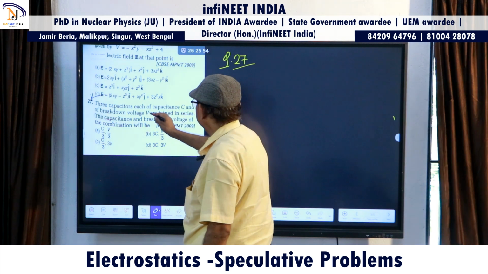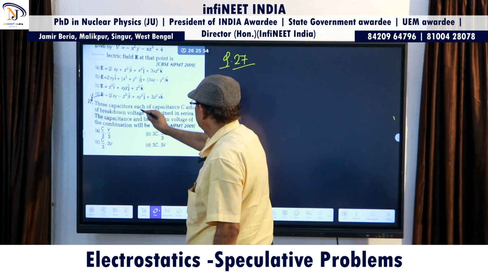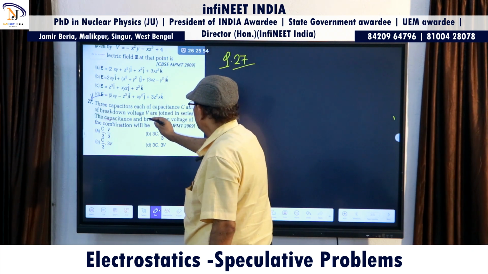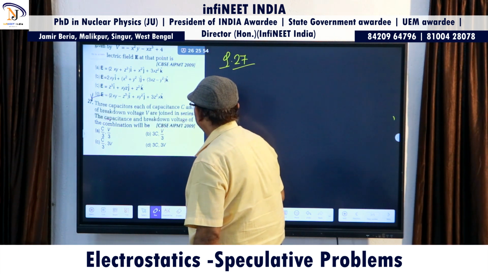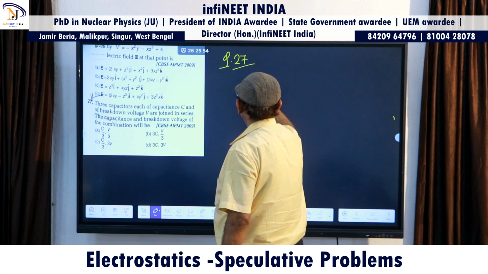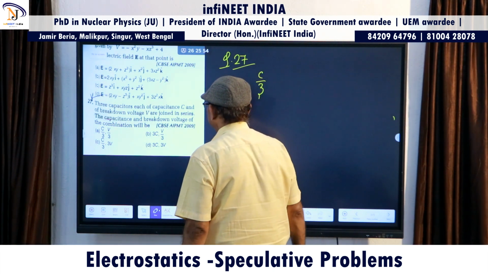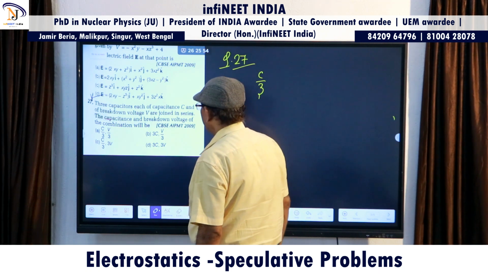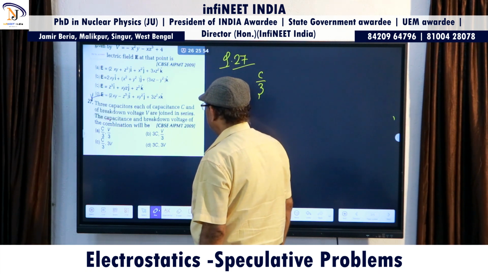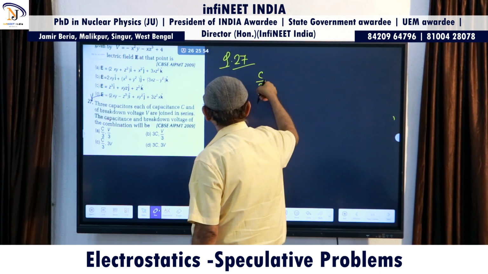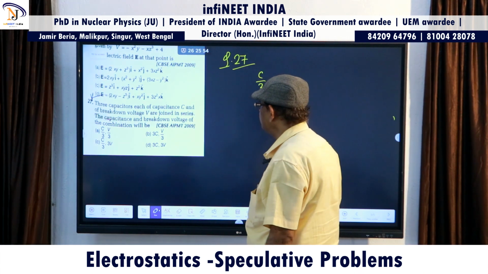Three capacitors, each of capacitance C and breakdown voltage V, are joined in series. So it is easy. Three capacitors in series: C by 3. Isn't it? C by 3. And what will be the breakdown voltage?